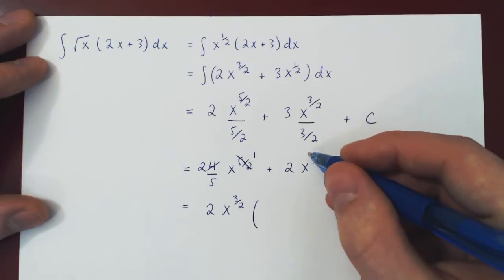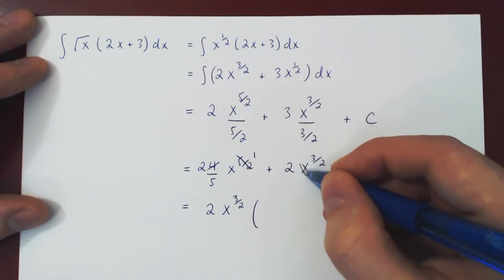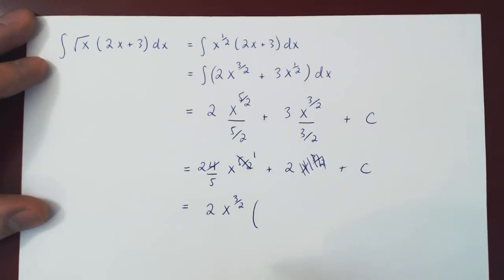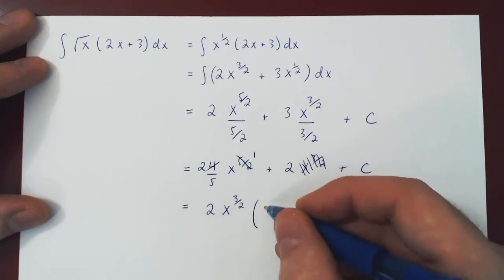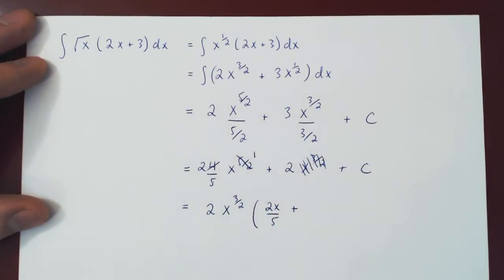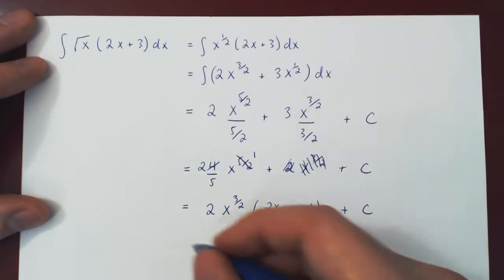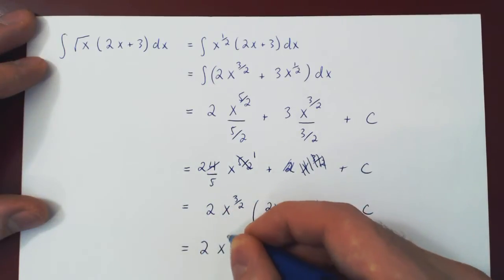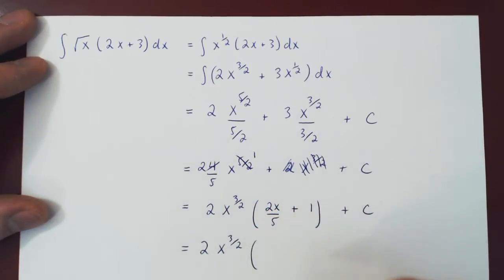Factor 3/2 from 3/2, you're left with 0. x to the 0 is 1. That leaves you, of course, with 2 over 5 x. So 2x over 5 plus the 2 we factored, plus 1, plus c. And if you want, you can write finally 2x to the 3/2 times, as a single fraction, 1 is 5 over 5, so we'll get 2x plus 5 over 5.